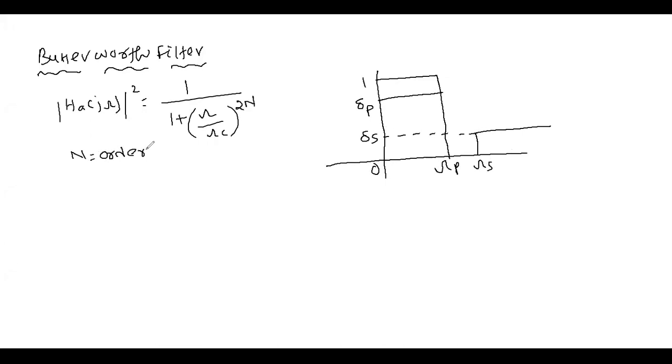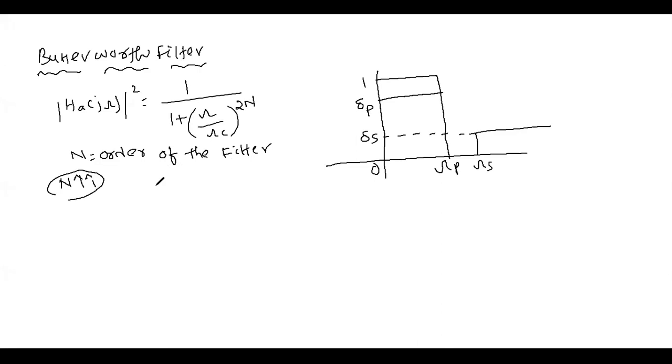Already I said n is the order of the filter, and what you observe, and I explain also, when order is increasing, what is happening?